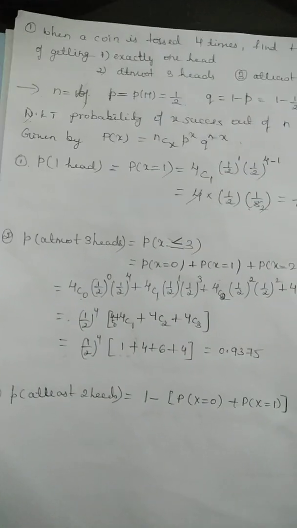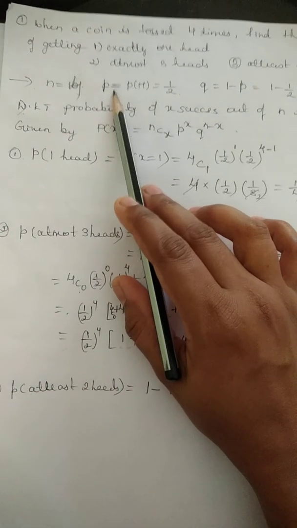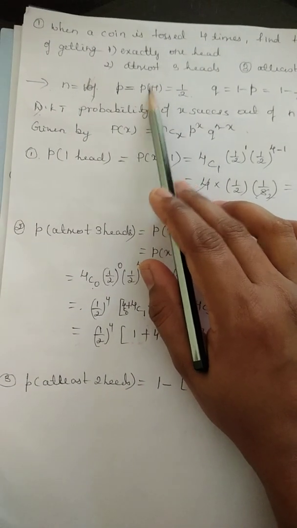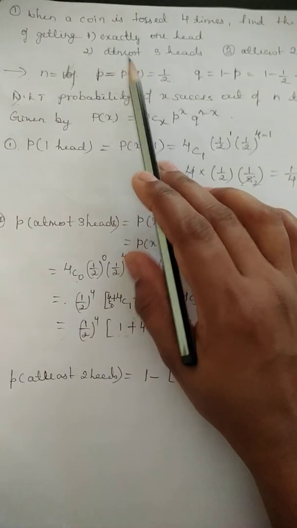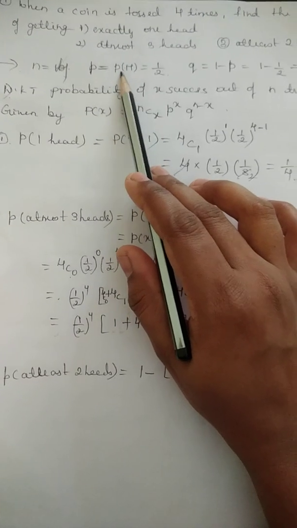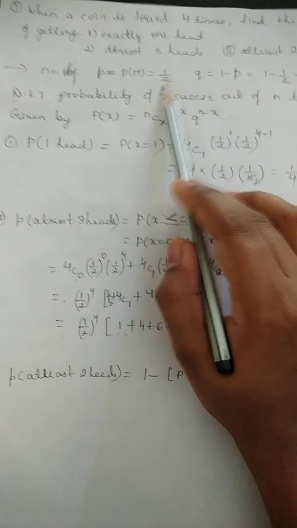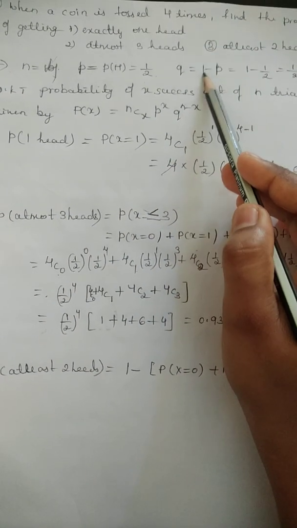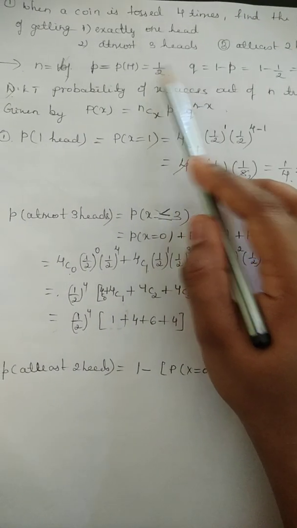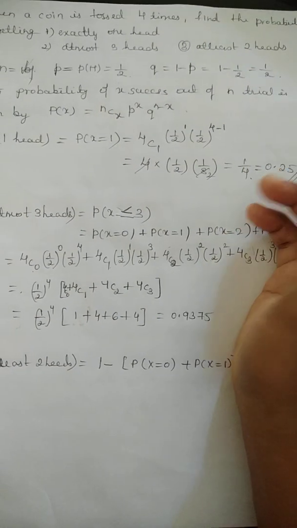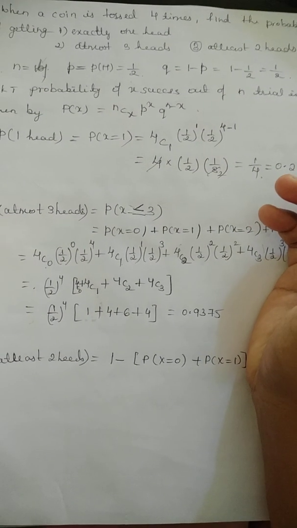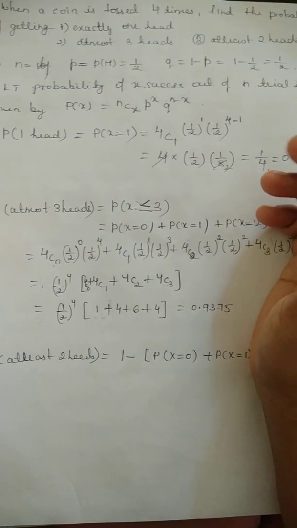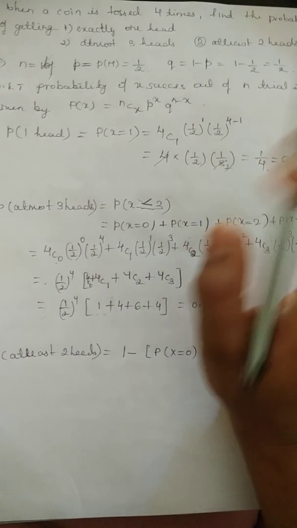Now what is the probability of getting success? If you are taking head as success, the probability of getting success in each trial is 1/2, and the probability of failure is 1 minus P, 1 minus 1/2, which is also 1/2. The probability of success in each trial is the same.